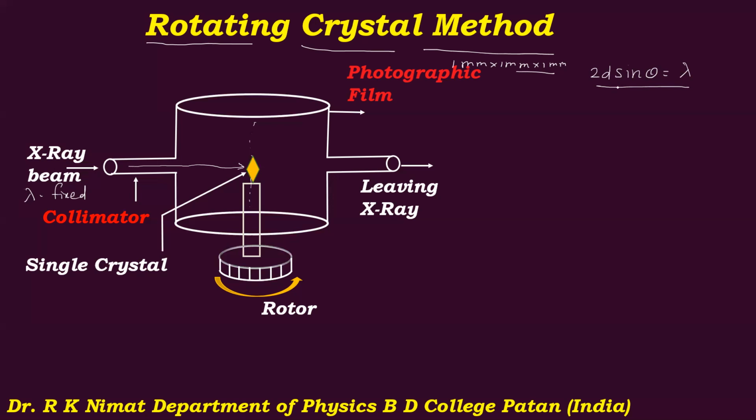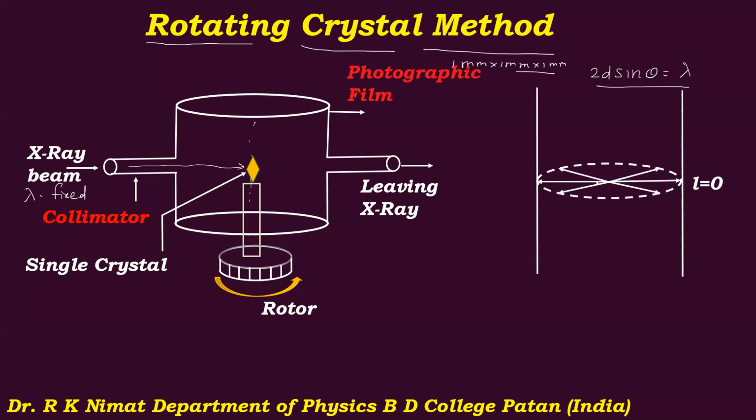That means the diffraction pattern obtained in this rotating crystal method is like this. Suppose this is the direction of the incident beam, and suppose this is the c axis. I'm assuming the axis of rotation coincides with this c axis, which is a crystallographic axis.